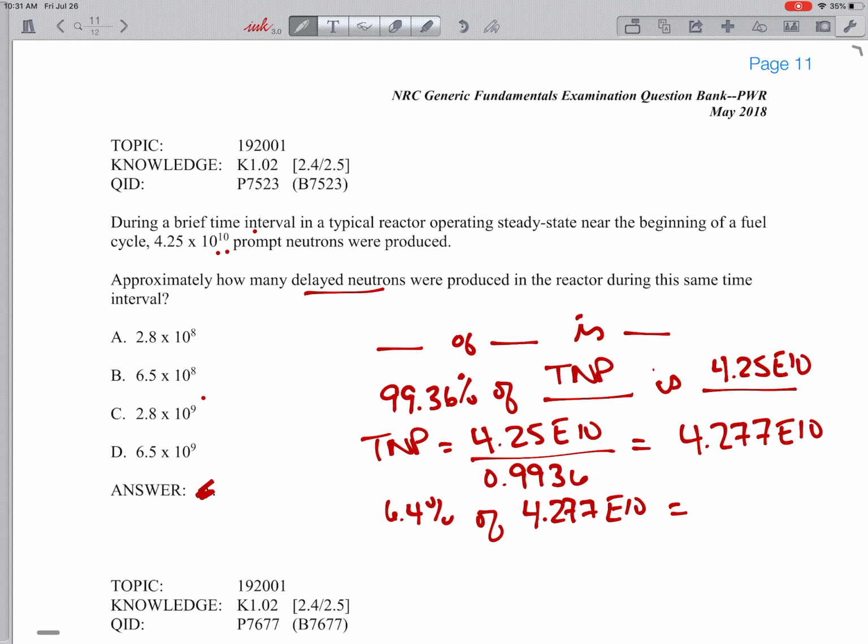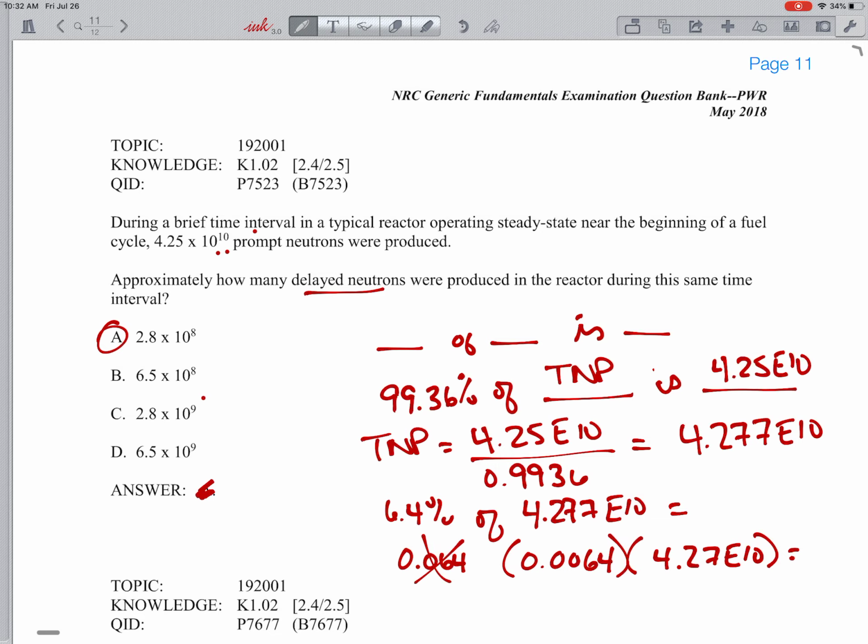They're relying on you not to do this, 0.064, when that's not correct. 0.0064 is the correct multiplier of the total neutron population, 4.27e10. That gives us 2.7 times 10 to the 8th, 2.8 times 10 to the 8th.